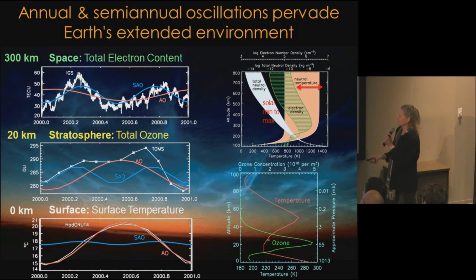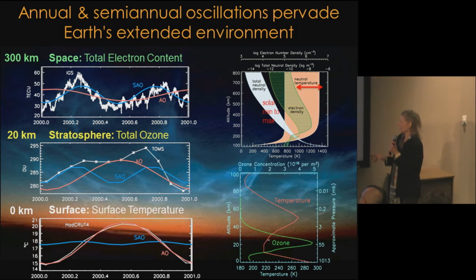You can see there's a semi-annual oscillation here. It's in phase as you go up to the middle atmosphere, and it's in phase even in the thermosphere. So what we think is that it is simply the radiation at those two times of the year at the equinoxes, basically heating the Earth, and the strength of it depends on what the Earth's atmosphere is, whether it's heating the surface, the ozone, or the upper atmosphere.